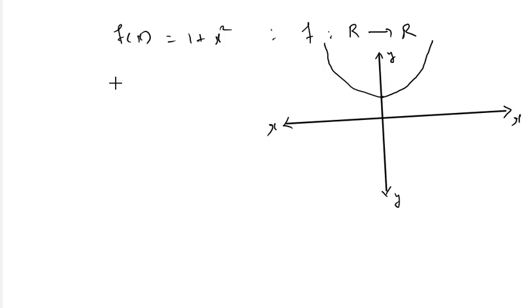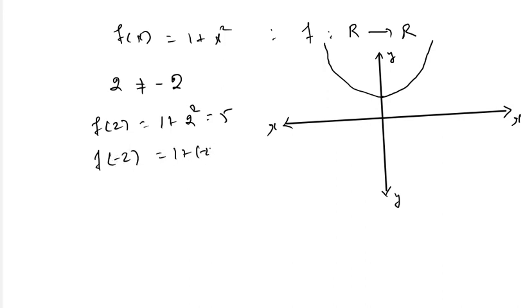For example, we can take 2 is not equal to minus 2. What about f of 2? 1 plus 2 square is equal to 5. And what about f of minus 2? 1 plus minus 2 the whole square equal to 5.